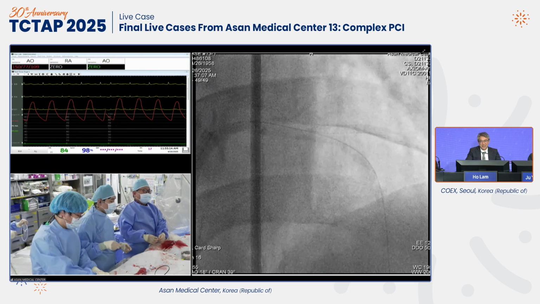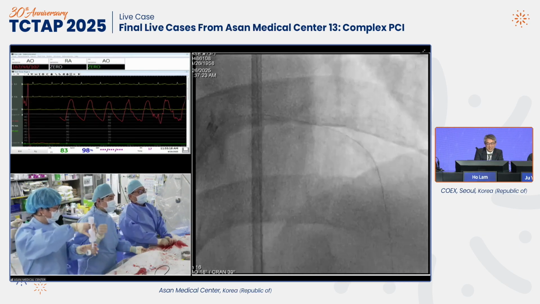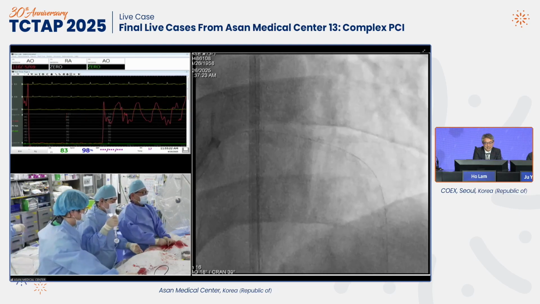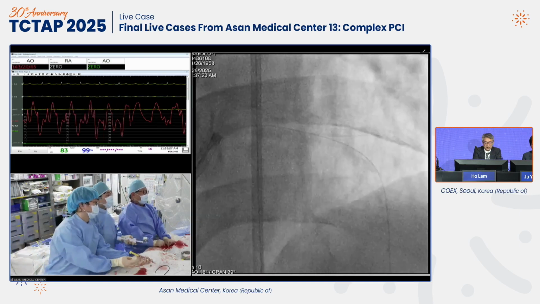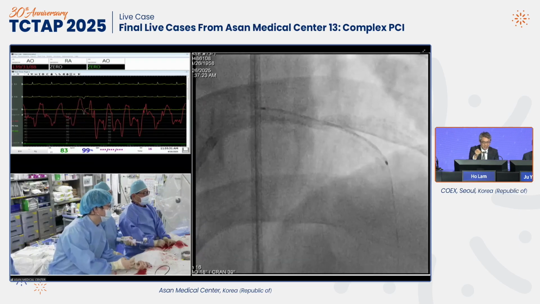Usually, we have to remove the side branch wire before balloon crushing. But you know, in a live demonstration, sometimes I make a mistake. Jung-Min already exhausted. But it's very educational. It highlights something.